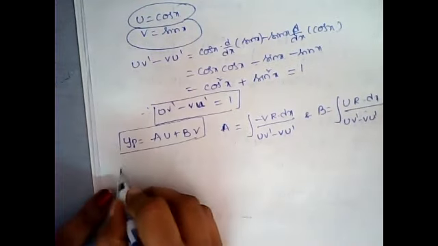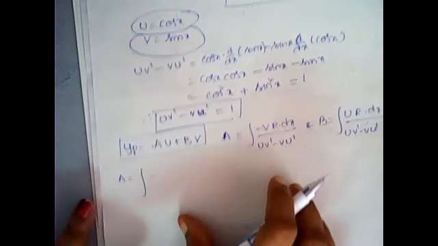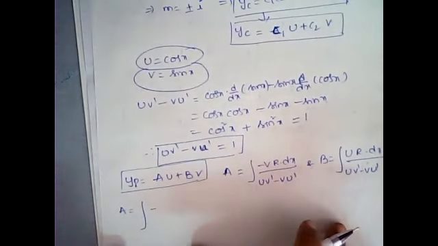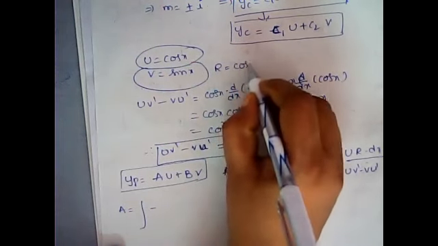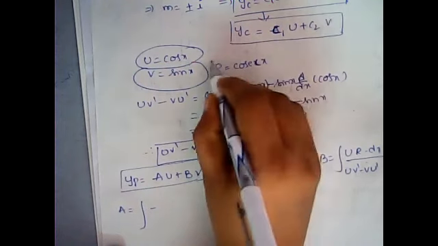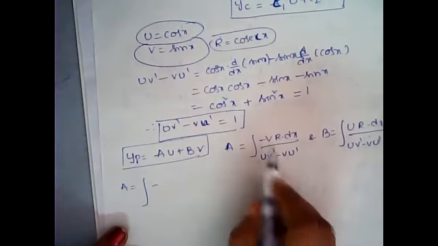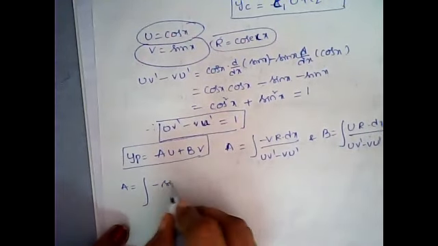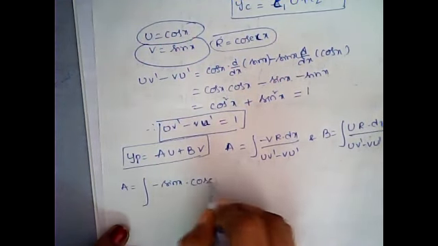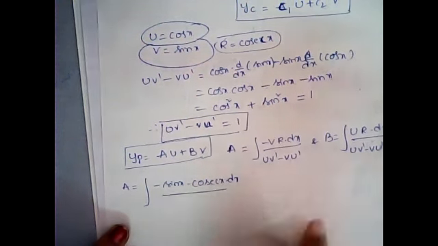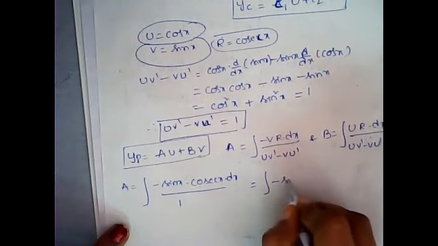Now let us find out what a is. A is equal to minus, we know v and u, right? So let me write r here. R is equal to what? Cosecant x. Now substituting all those here, v is nothing but sin x, so minus sin x into r, which is cosecant x, into dx by uv dash minus vu dash, which is 1.